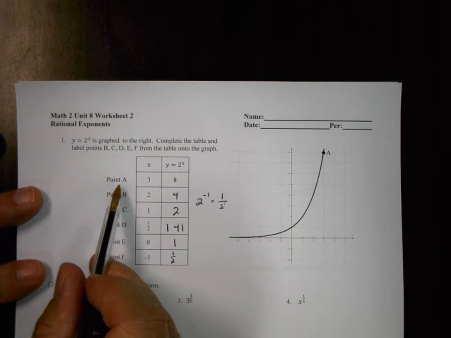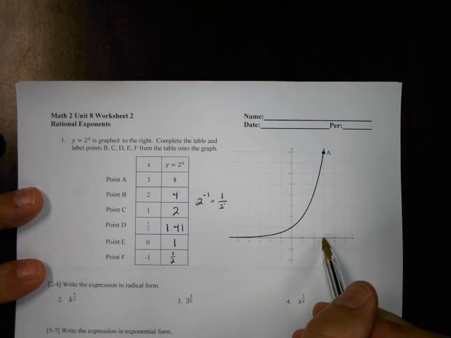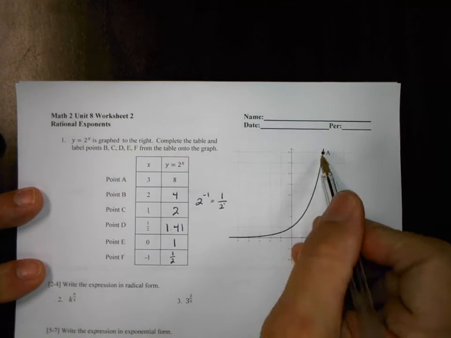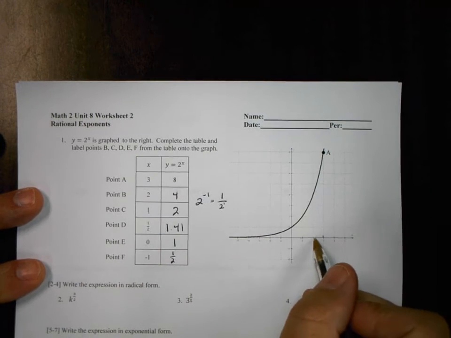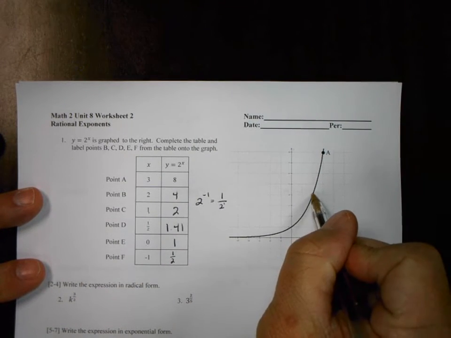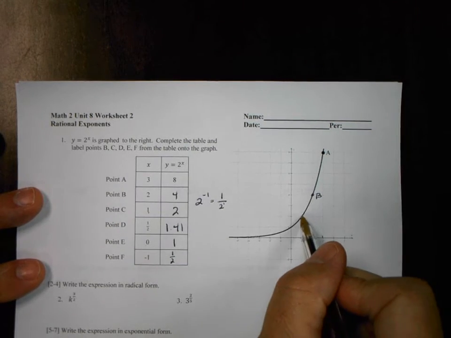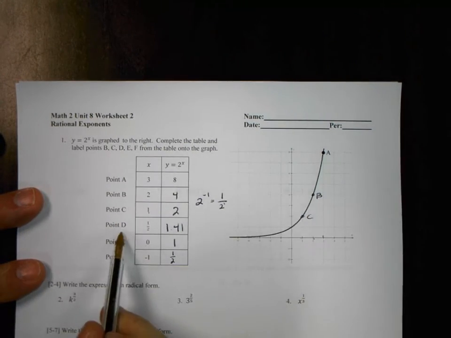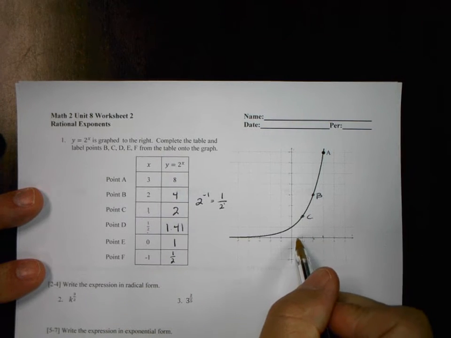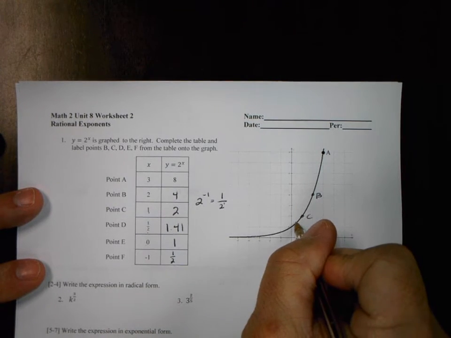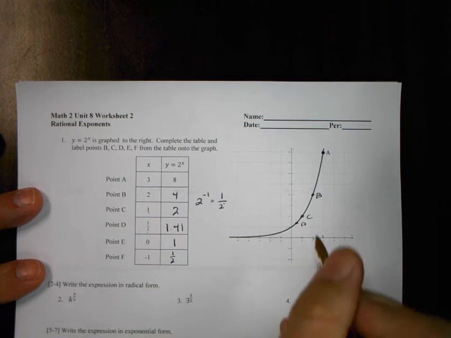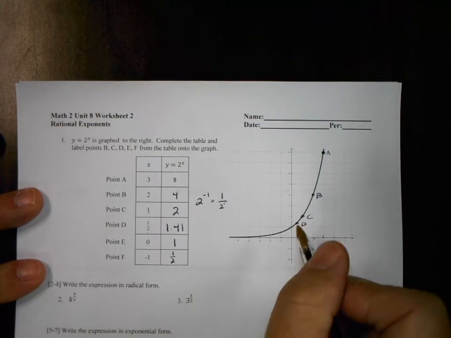So point A is (3, 8). So 1, 2, 3, 8. B is (2, 4). So 2, 4 right there. C is (1, 2), which is right there. D is (1/2, 1.41), and that looks pretty good. E is (0, 1).